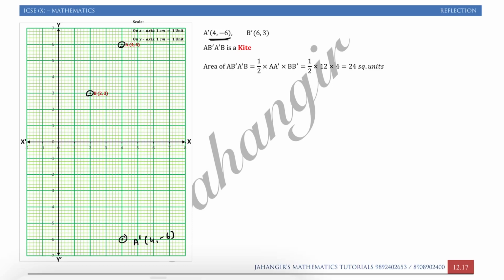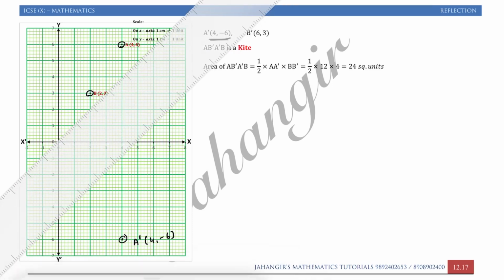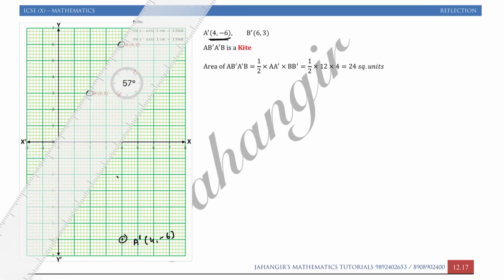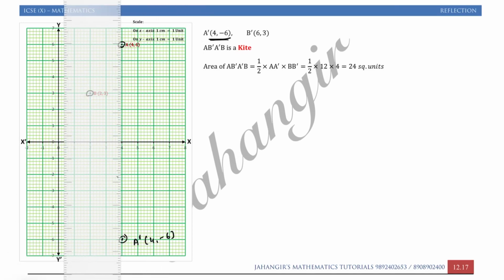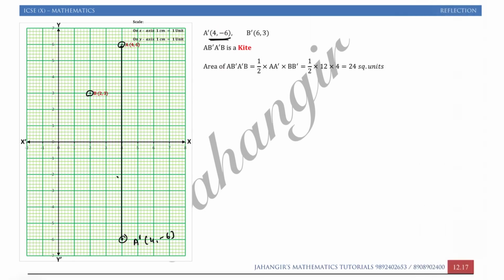Now B' is the image of B when reflected in AA'. So AA' is my mirror line now. Let us draw the mirror line. So if I have to reflect B, see here, from here to here, this is my mirror line. I'm just drawing it for illustration purposes.